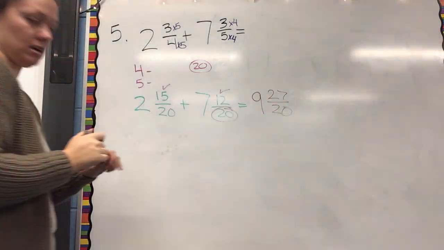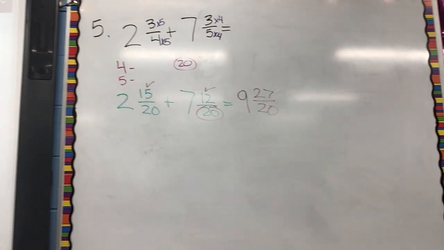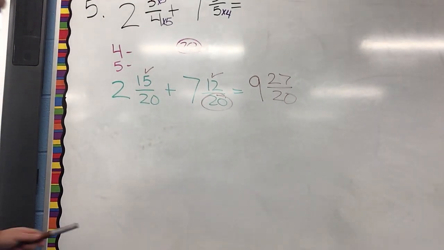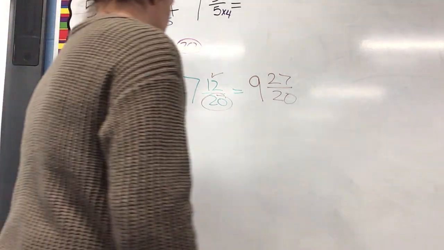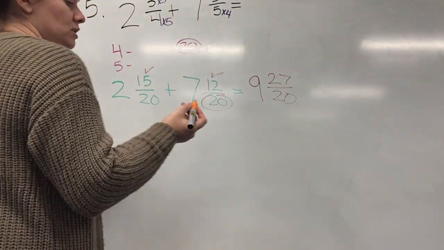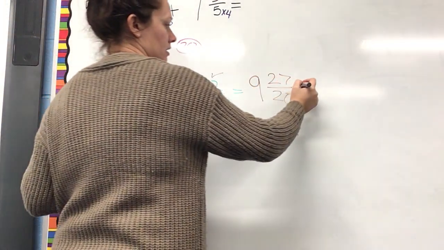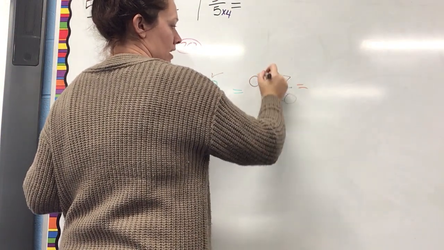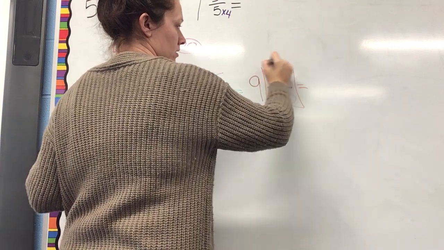What's wrong here? Improper fraction. I have an improper fraction over there. But I know that fraction is division. So I can divide. What is 27 divided by 20? 27 divided by 20, I know, is 1.